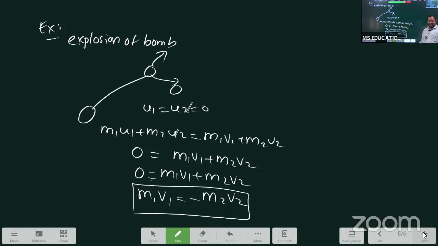One more is there, heavy rifle recoil, that is VSQ. Helicopter also. In every question, explosion of bomb is the best example. After explosion, two pieces move in opposite direction, meaning momentum of two pieces in different direction, according to law of conservation of momentum. This question now in 4 steps, just 1, 2, 3, 4. 4 concepts in 4 lines.